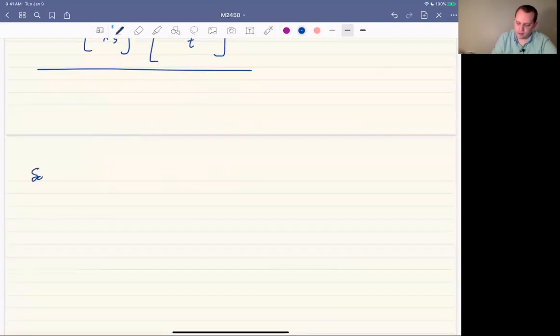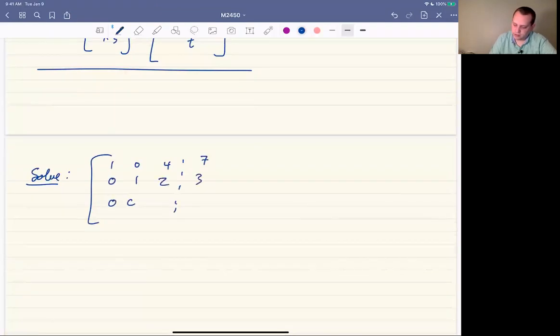And then in our last example of this, I want to solve the system where we have 1, 0, 4, 7, 0, 1, 2, 3, 0, 0, 0, 4. And so let's think about what's going to happen here. Of course, we've already seen this.